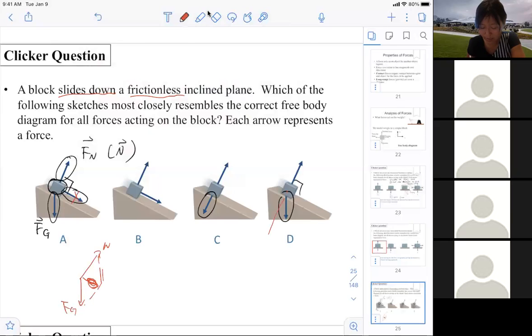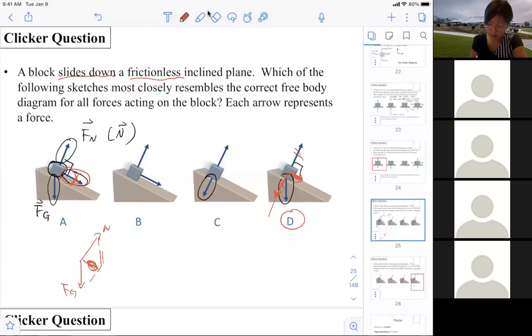So gravity is effectively one component down the ramp and one component perpendicular to the ramp. The one that is perpendicular to the ramp gets canceled by the normal force, and the one that is down the ramp makes the block speed up along the ramp, right? So either way, this is not a separate new force. That's why we do not draw it. Okay, so if you have gravity, you don't draw a separate component of gravity. So D is correct.